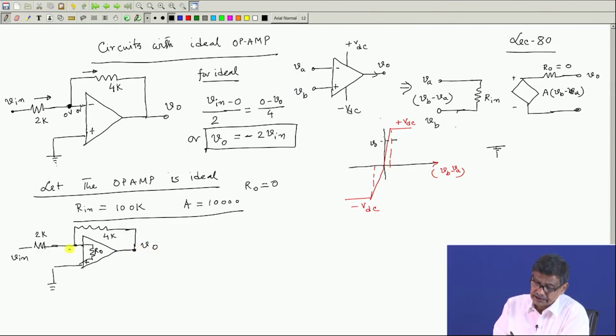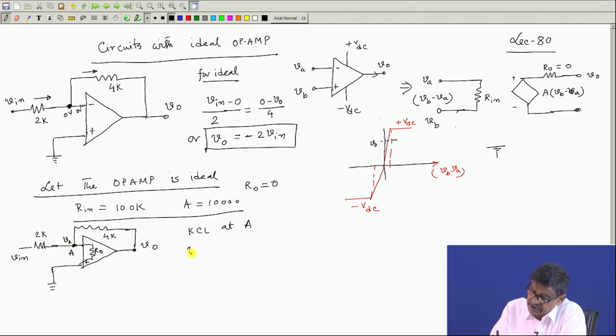Now, while writing down KCL at A, my goal is to find out V naught, what it will be. I cannot say this voltage is 0 volt now. Let us say that voltage is VA.